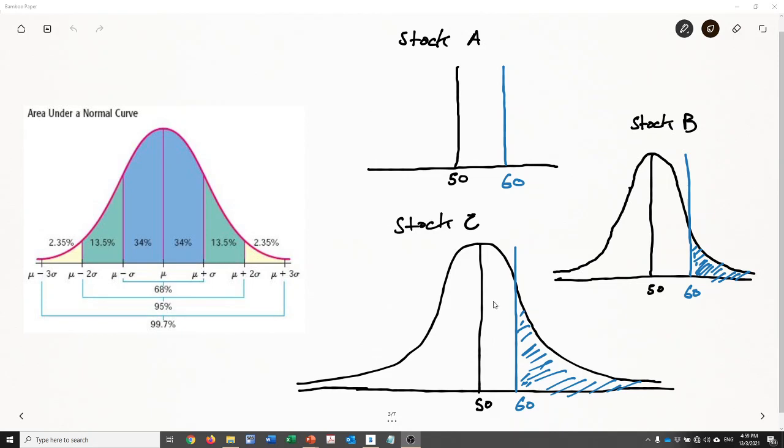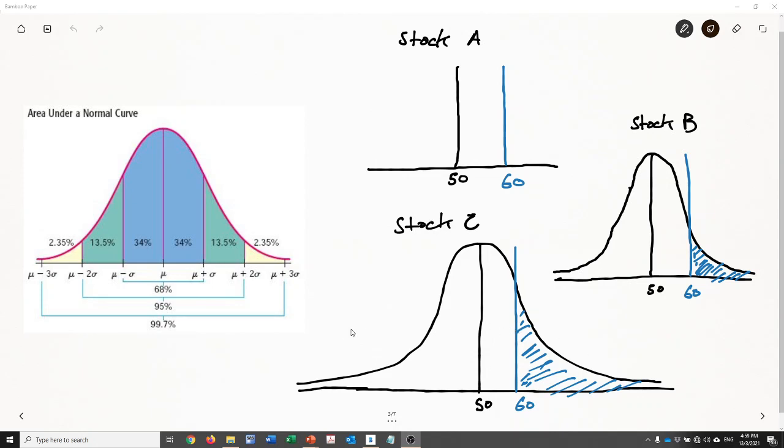Okay, how about stock C? Again, the option is written on stock C with a strike price of 60, but the volatility or the standard deviation of this distribution is quite high compared to stock B and stock A. So what does this tell us? It means that there is a higher probability that the option will expire in the money.